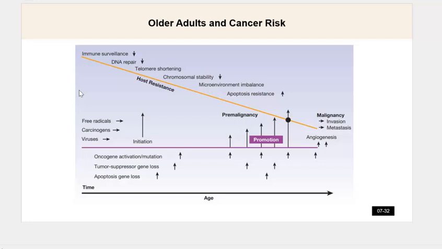Oftentimes, after a certain age, we don't screen for cervical cancer in women anymore. We reduce the frequency of colonoscopies. When you're talking about surveillance and screening, we have a lot of data that drives that. That shows us that if you haven't gotten it by a certain age, then things are different. So it's not just because you're getting older, we should screen.